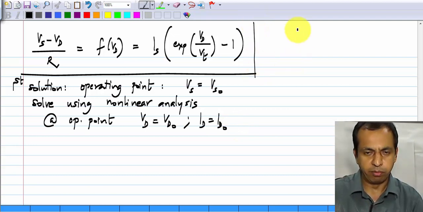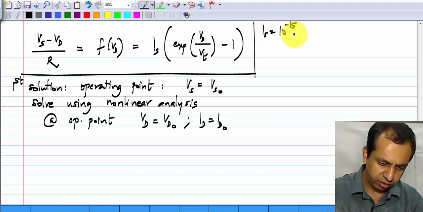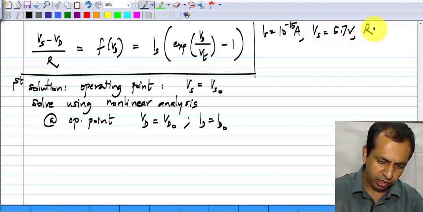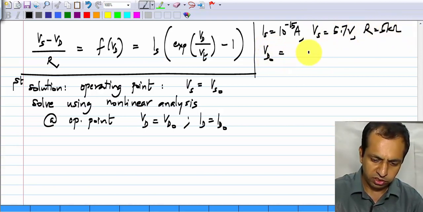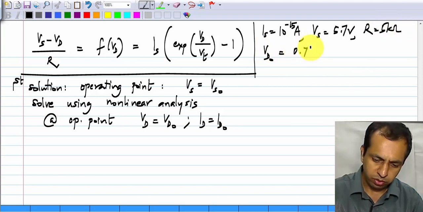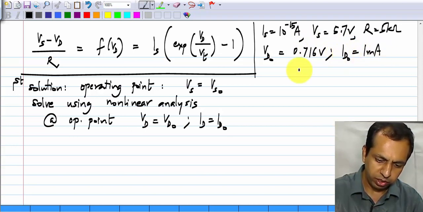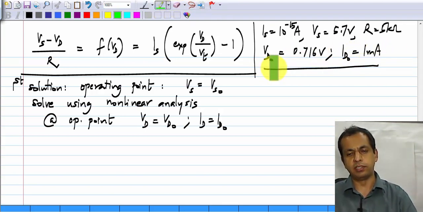We have taken an example earlier where Is is 10 to the minus 15 amperes, Vs is 5.7 volts and R is 5 kilo ohms. So Vd0 turns out to be about 0.716 volts and Id0 is approximately 1 milliamp. I got this from numerical analysis, and that is the operating point.